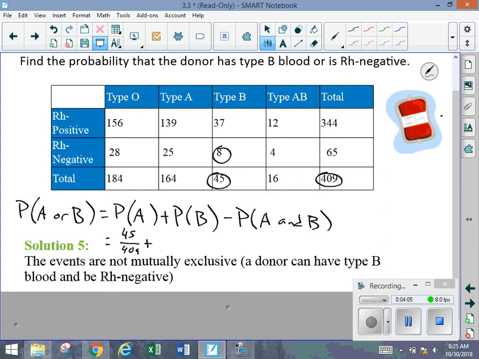All of our Rh negative people are over here, and that's going to be 65 over 409, minus the probability of A and B, which is this one that we pointed out before, which is 8 over 409.